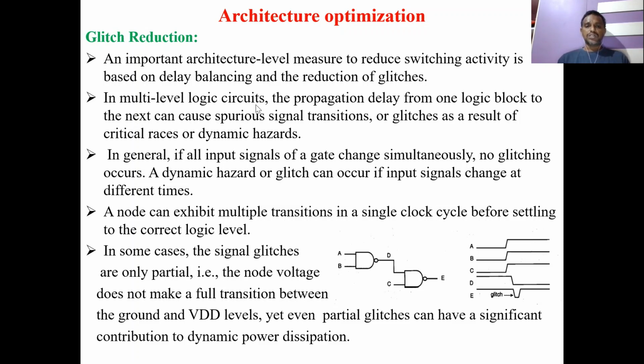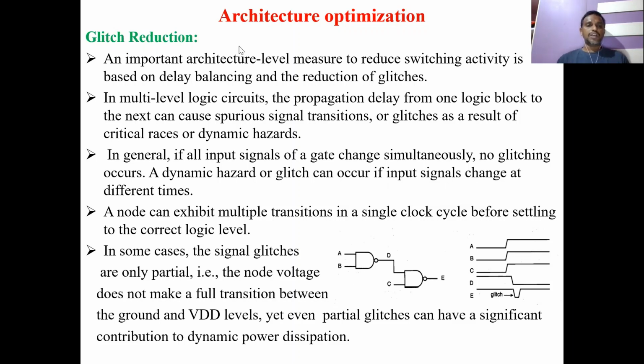In multi-level logic circuits, the propagation delay from one logic block to the next can cause spurious signal transitions or glitches. As a result, we will get critical races or dynamic hazards.